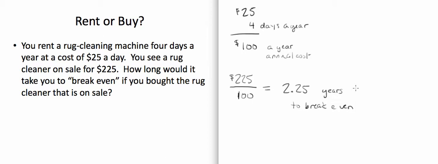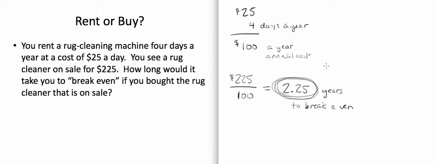Now the next question that would arise is whether or not you should actually buy it or just continue to rent. A couple of different things go into your decision-making process. If this value is fairly small, then it would probably be in your best interest to buy it, because it's not going to take you that long to get your money's worth.